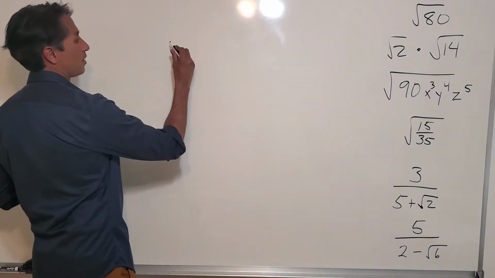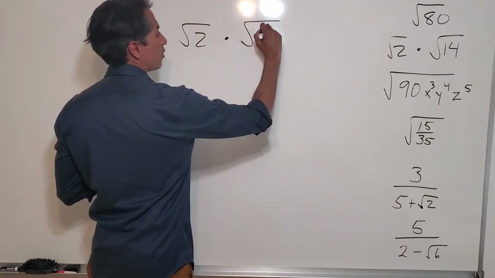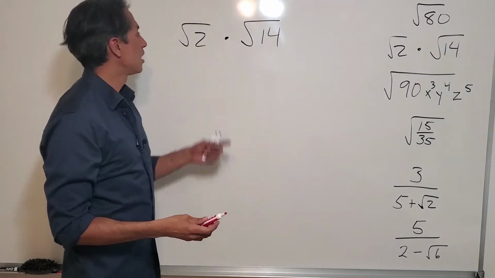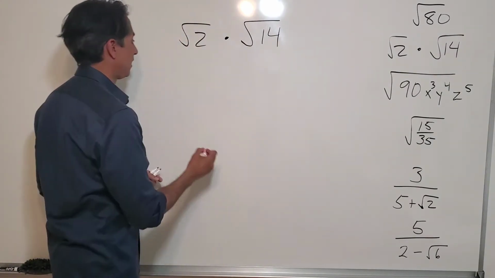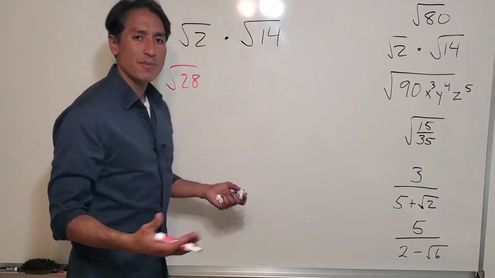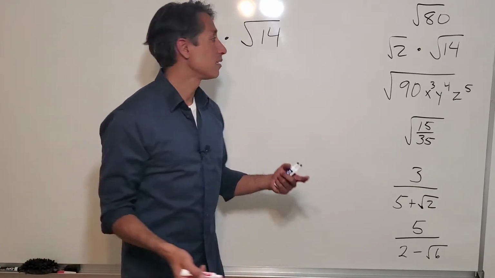Now I have square root of 2 times square root of 14. Well, there's 2 ways you could do this. You could combine 2 and 14 and make it square root 28. The problem with that is it's almost like you're going forwards just to go backwards again.